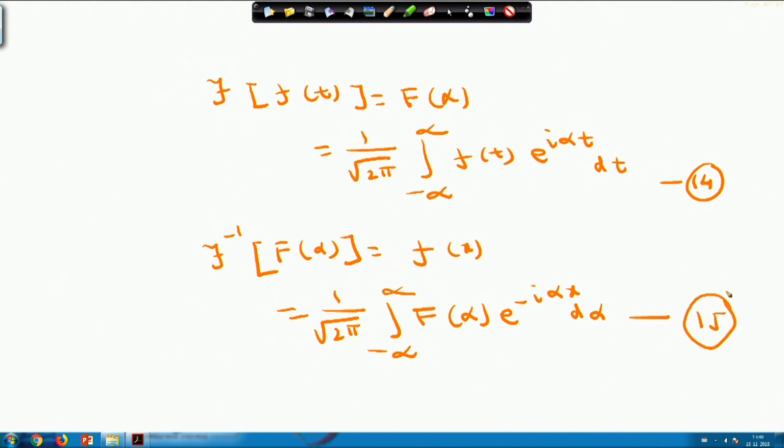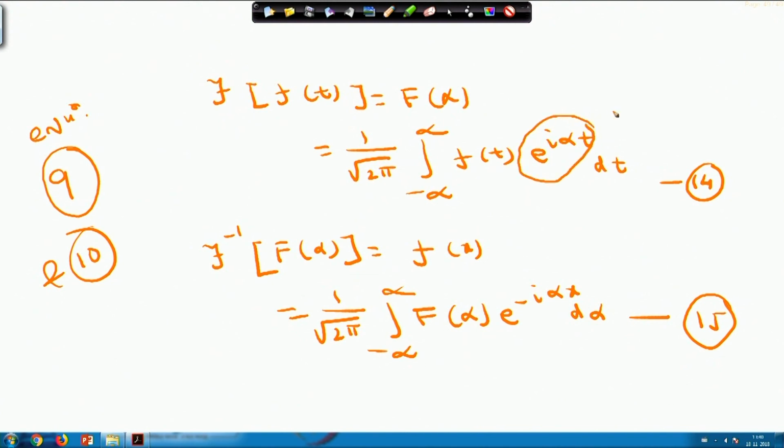So, what we are observing in equations 9 and 10 is that the kernel was e to the power minus i alpha t, and in this case it was replaced by e to the power plus i alpha t. In both cases you get the Fourier transform.